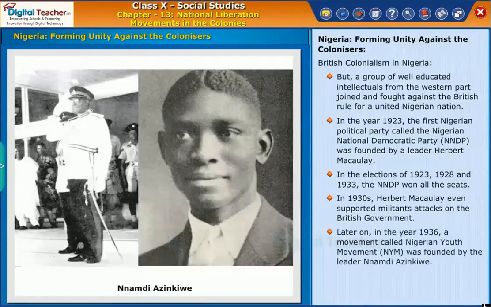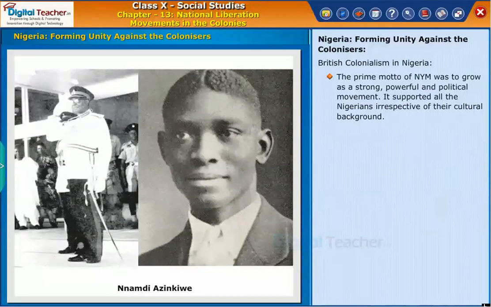Later on, in the year 1936, a movement called the Nigerian Youth Movement, NYM, was founded by the leader Nnamdi Azikiwe. The prime motto of NYM was to grow as a strong, powerful political movement. It supported all Nigerians irrespective of their cultural background.